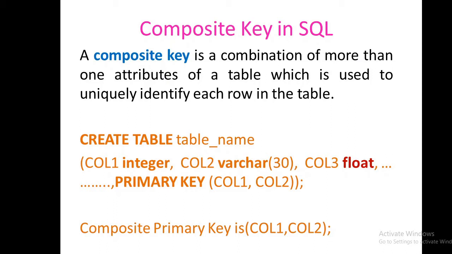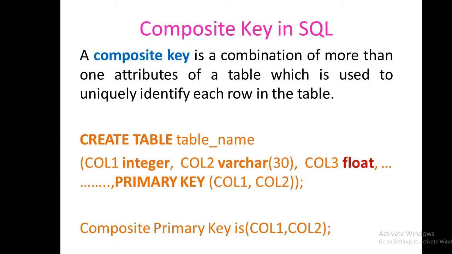Let us consider the syntax of creating a composite key for a table. So: create table, table name, column 1, column 2, column 3. These are the fields with different attributes of the table. And then let's consider that column 1 plus column 2 is the composite primary key for that table. So how can we declare it as that?